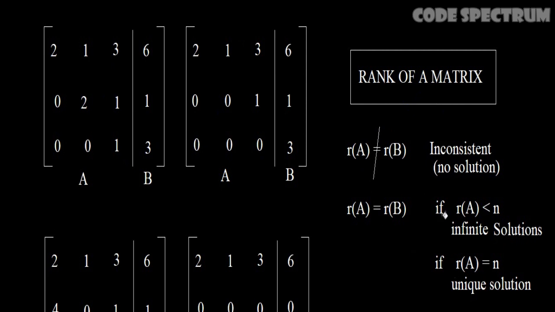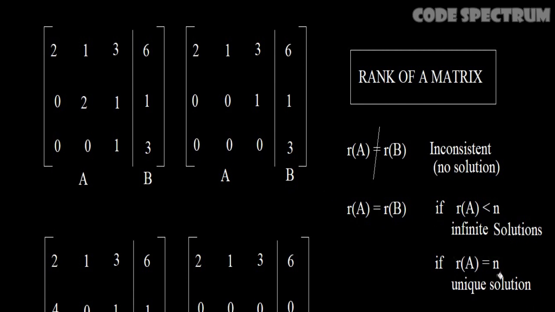Now let's figure out which case is applied on each of the matrices. Now let's take the first one. The rank of A is equal to 3. Rank of B is also 3. The case is rank of A is equal to the rank of B. And if the rank is 3 and the number of variables n is equal to the number of non-zero rows, which is the rank, then it is a unique solution.